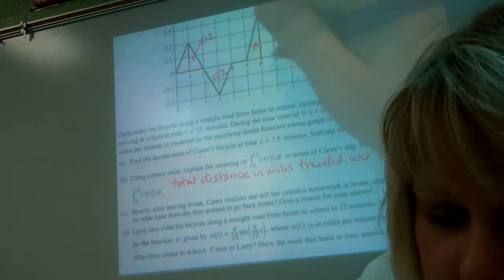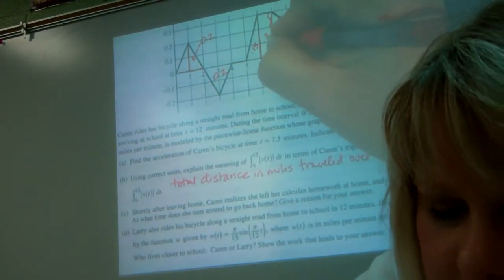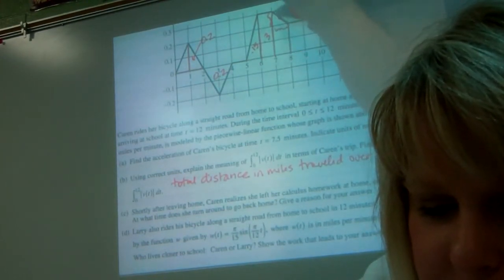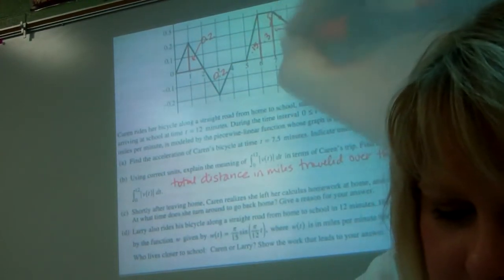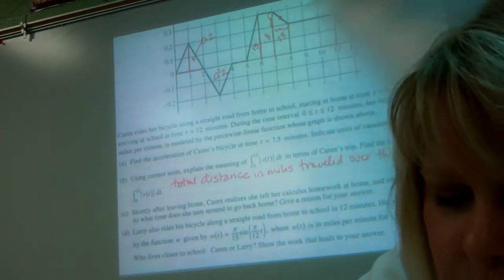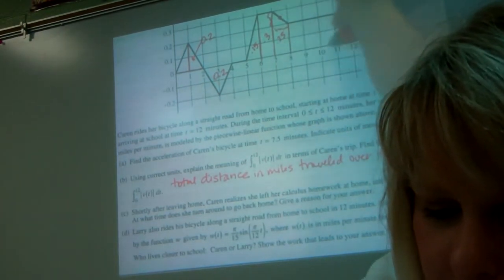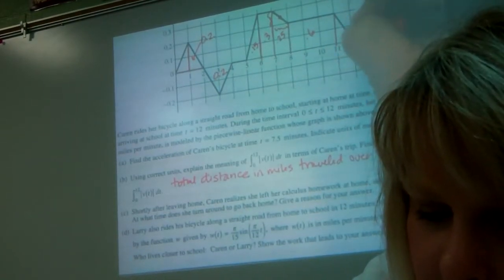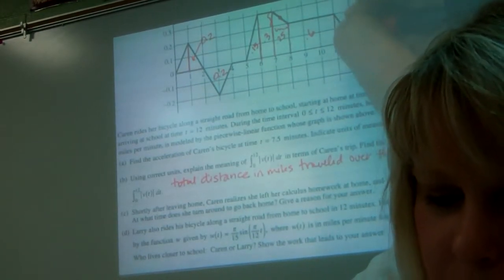This rectangle, we would have 0.3. This trapezoid, we would have the average of the bases, which would be 0.25 times the height, so 0.25. This rectangle would be 0.6, and then 1 times 0.2, so 0.1.